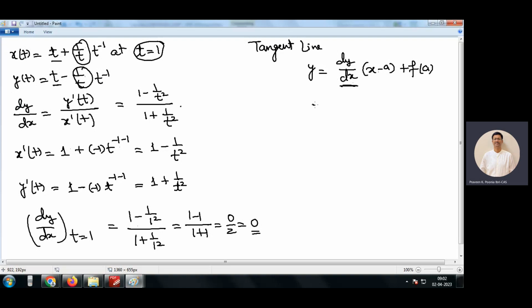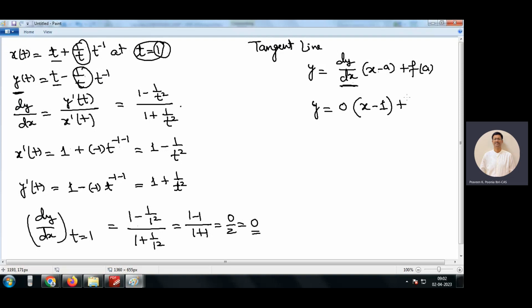Now we need to put the values in the equation. So y is equal to, the slope is 0, times (x minus a). What is the value of a? The value of a is 1. Then f(a), the value of the function, which means y.